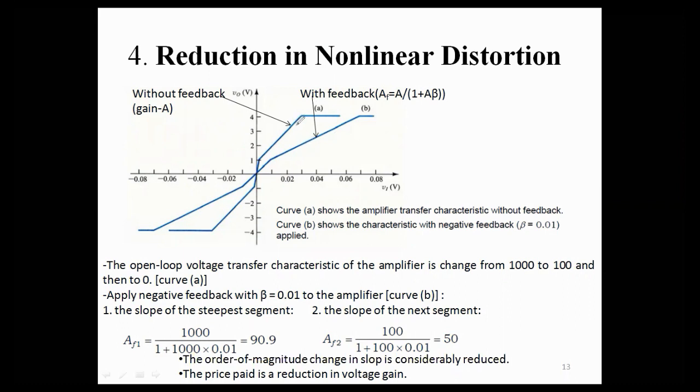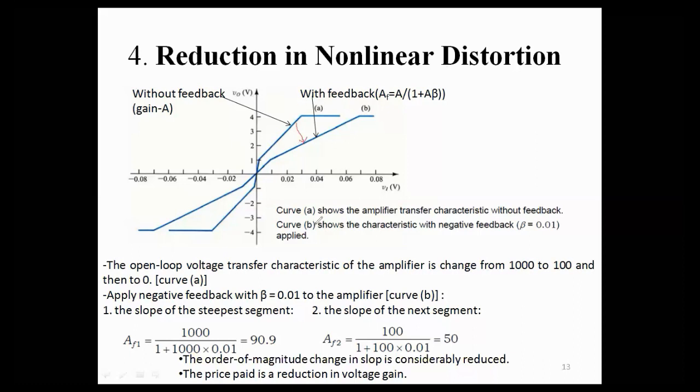It means that it is reducing. Why is it reducing? After connecting the negative feedback, the closed loop gain AF equals A divided by 1 plus A beta, so it is decreasing. Curve A has more nonlinear distortion, and in the second curve it decreases because the entire gain is decreasing, so the nonlinear distortion also decreases.